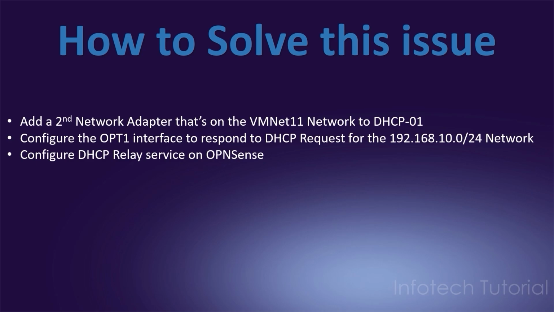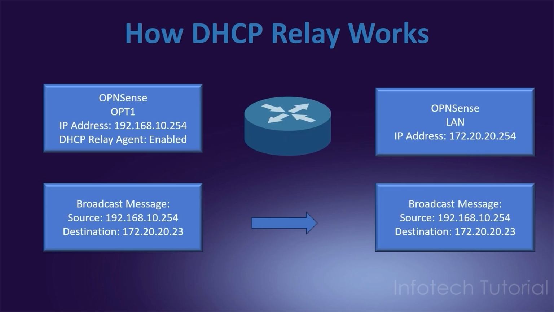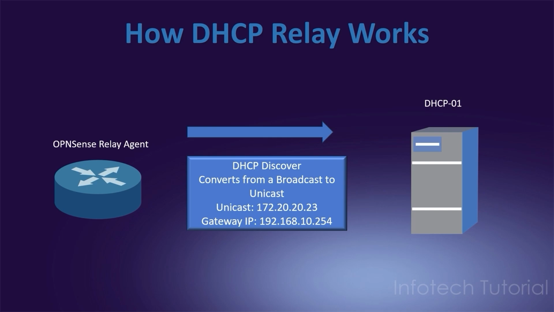And this is how a DHCP relay works. First, RBAC PC will send out a broadcast message. Then OPNSense will receive it. But since we enabled the DHCP relay agent on OPNSense, instead of discarding the DHCP discover request, it will forward it to the relevant server. In this case, that is DHCP 01. And this process is mostly the same.